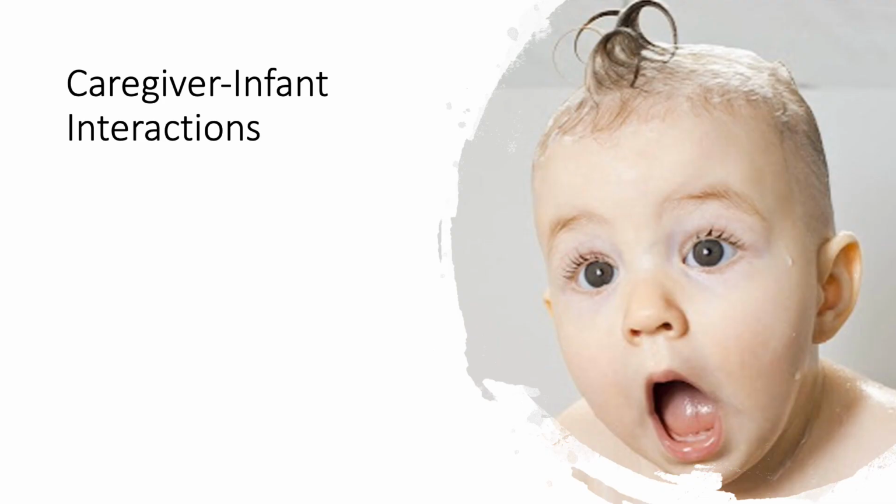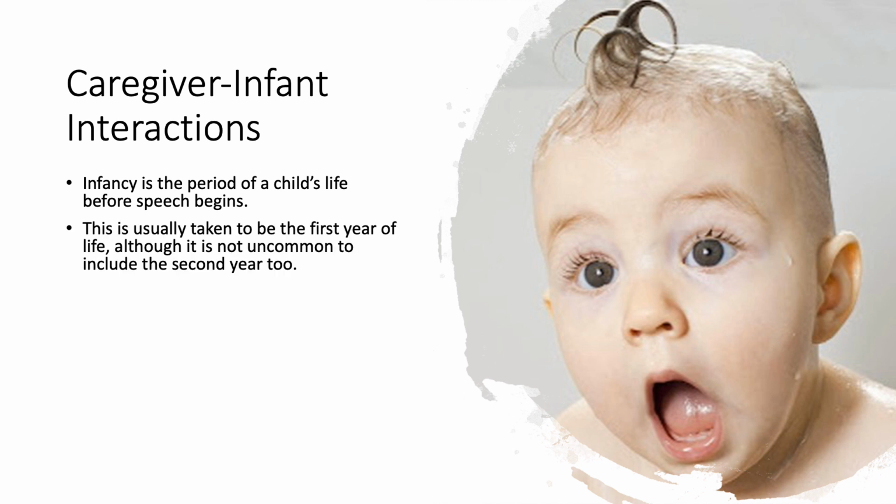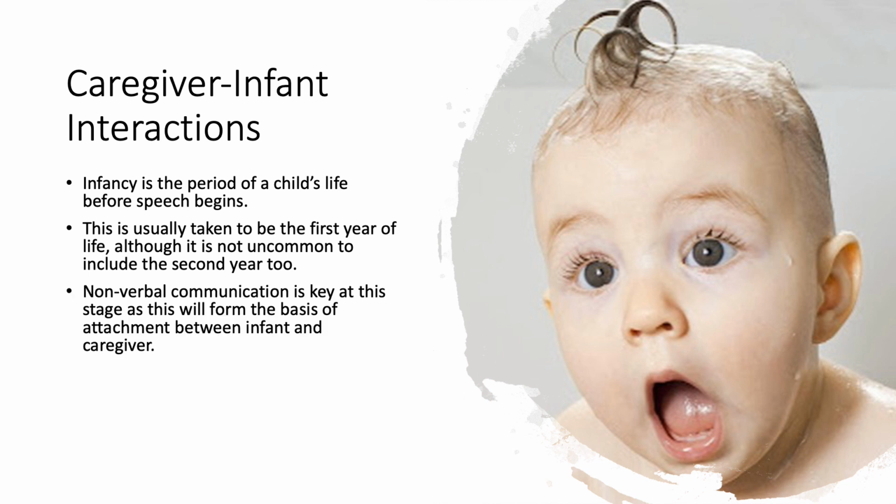So obviously we know that a caregiver is anybody who looks after a child. But what is an infant? So infant comes from the Latin word infans, which means without speech. So infancy is the period of a child's life before the speech begins. And it's usually just the first year of life, although sometimes it is the second year as well.